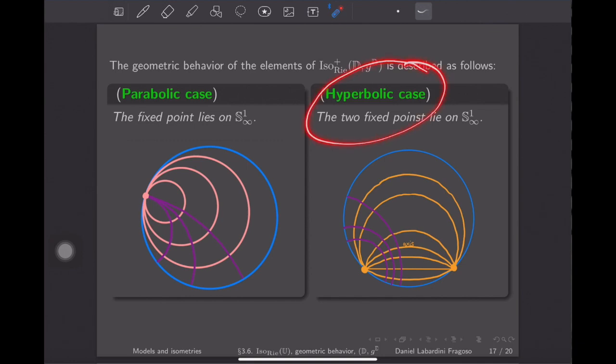In the hyperbolic case, the two fixed points now have to lie in the unit circle, because in the case of the upper half plane, they lied on R bar, and then the stable segments, of which only one is a shortest curve. Such shortest curve is, by the way, called the axis of the hyperbolic isometry.